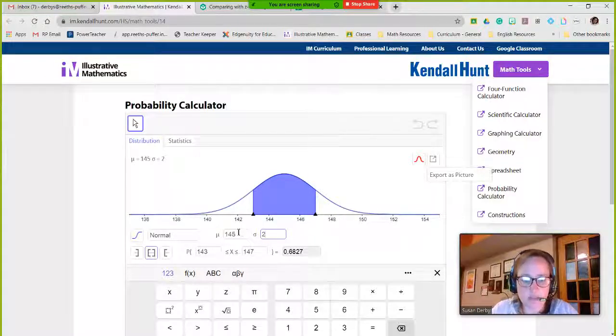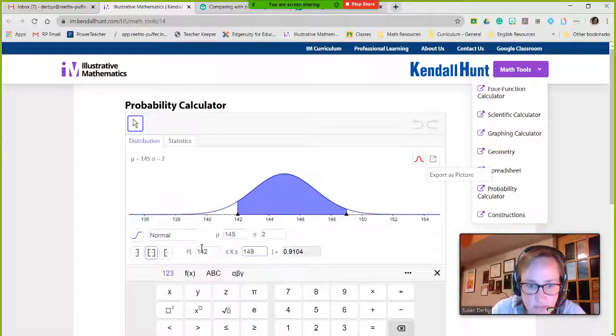So I just put in those values here, 145 and 2. And I'm trying to find the probability, how many of the baseballs they make in this factory are between 142 and 149 grams. So notice I'm putting those two numbers in here, 142 to 149 grams.